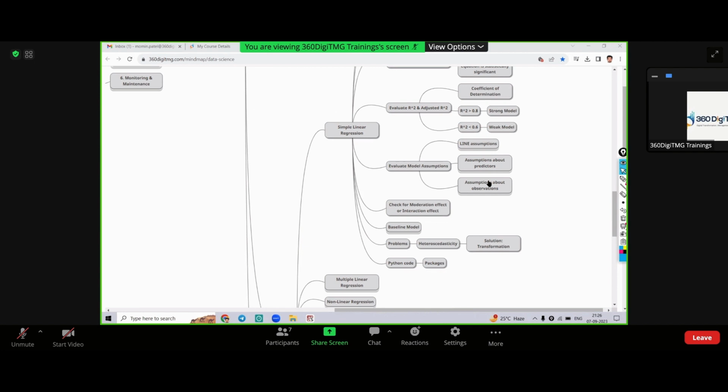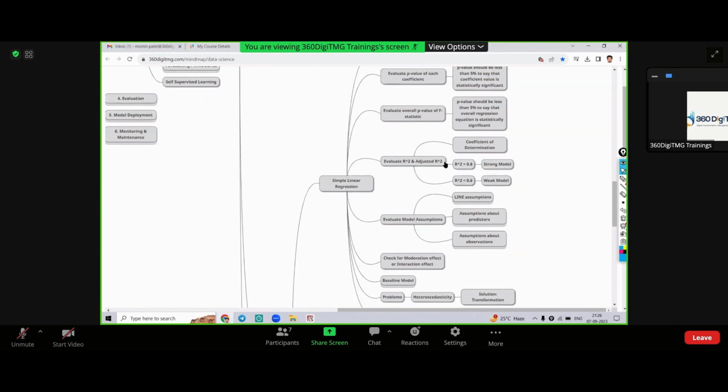So you will not get confused or disturbed with this. This will help you. So I want that we spend much time on this simple linear regression so that your concepts will be clear when it comes to other regression models.